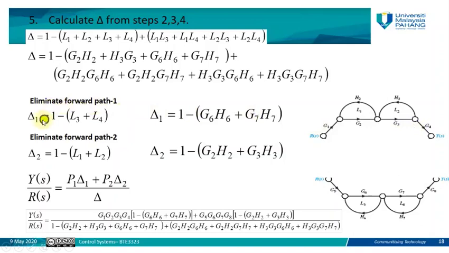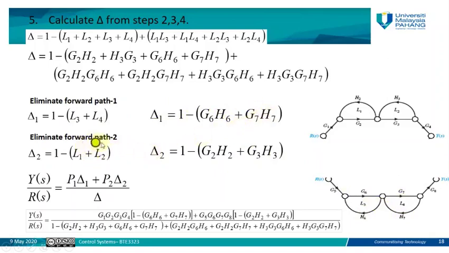So delta 1 will equal 1 minus the summation of L3 plus L4. Then we substitute the value of L3, which is G6 H6, and L4, which is G7 H7. So delta 1 is equal to 1 minus G6 H6 minus G7 H7.